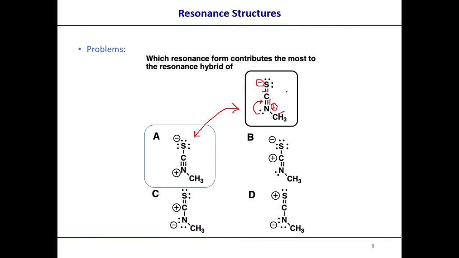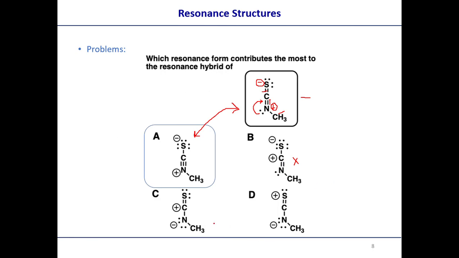And from the starting molecule, we see that no atom is electron deficient. All atoms are completing their octet. That's why this is not the correct option. Carbon is not following the octet rule. It has only 6 electrons.